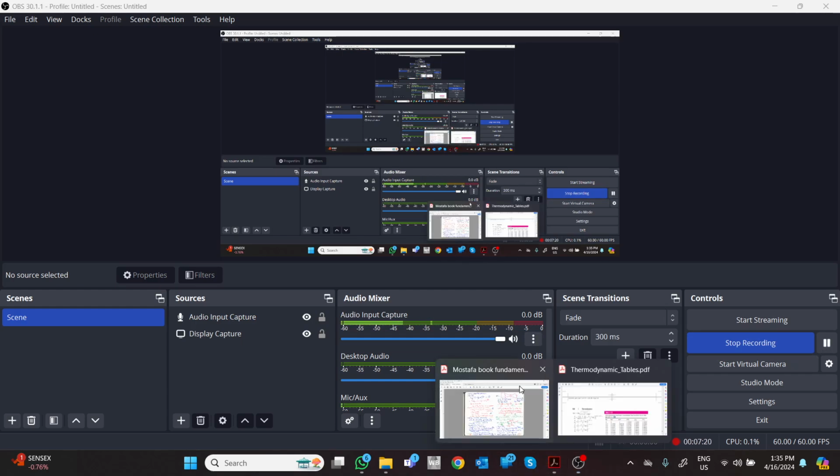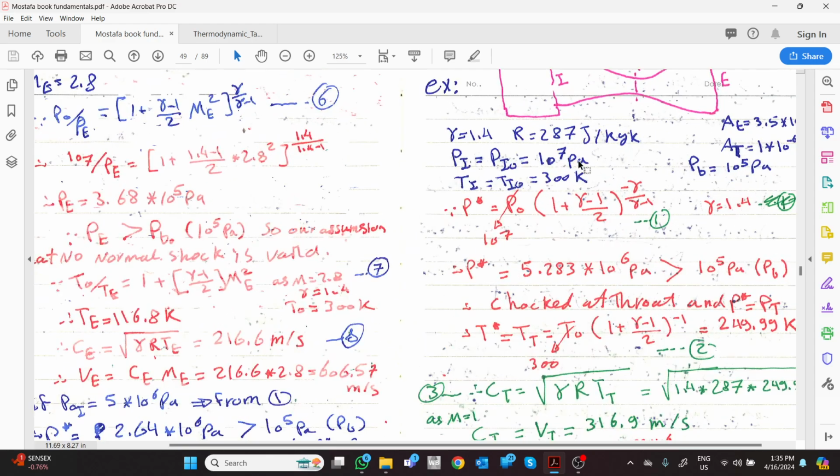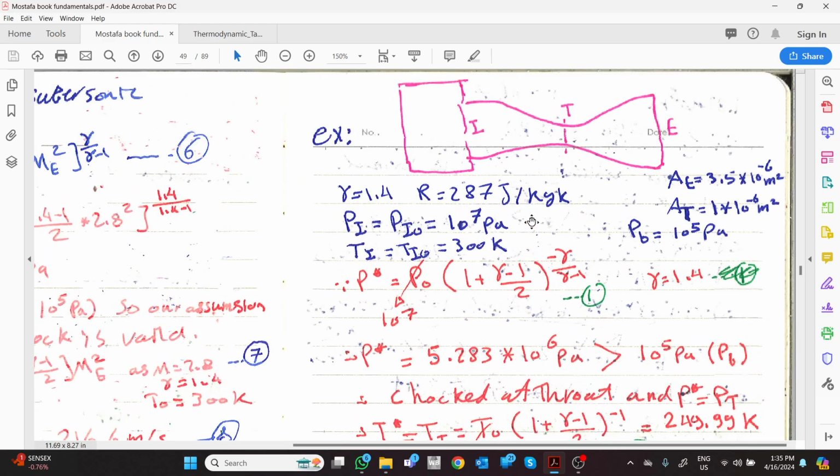Okay, the next example will become more complicated with each example afterward. Assume that we have a reservoir with an outlet, and the outlet takes the shape of a converging-diverging nozzle, discharging air into the air.